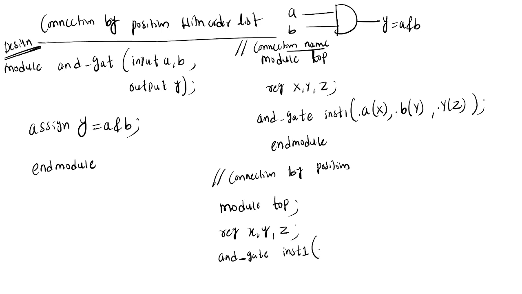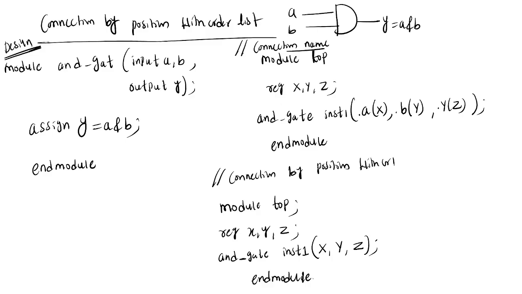You can keep DUT or UUT. The same position or same order in which you declared the inputs and outputs in the design, I need to follow. In place of A, x is there; in place of B, y is there; in place of Y, z is there. End module. This is nothing but connection by position with order list.